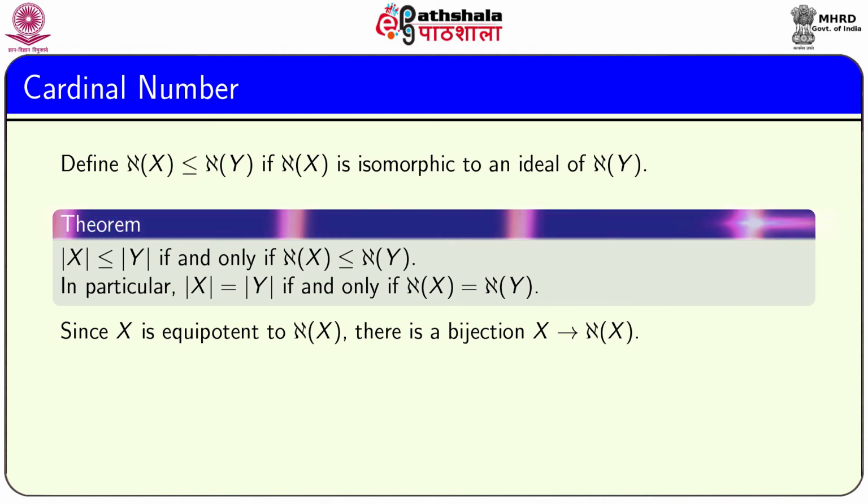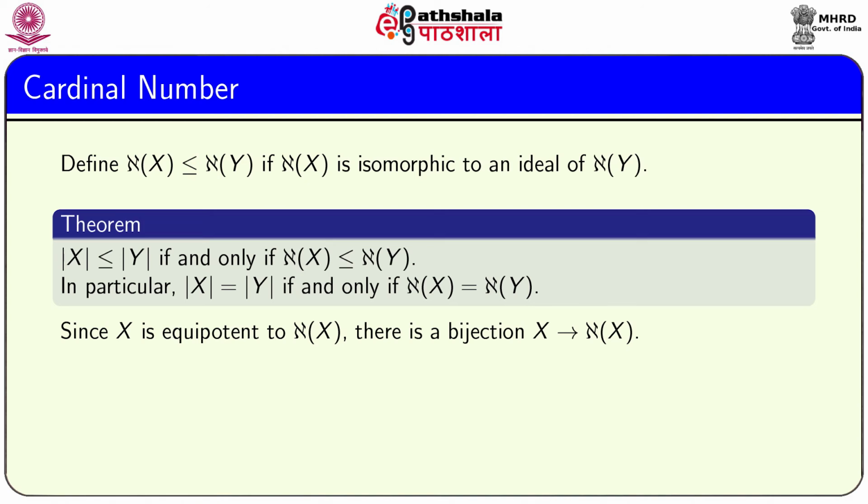In the next theorem, we see that mod X is less than or equal to mod Y if and only if aleph X is less than or equal to aleph Y. In particular, two sets are equipotent, that means mod X is equal to mod Y, if and only if they have the same cardinal number.